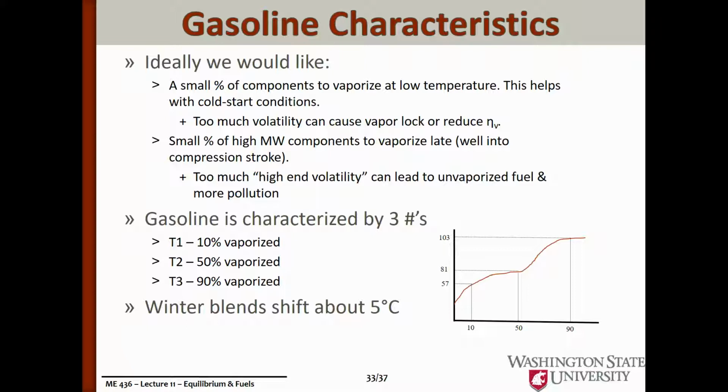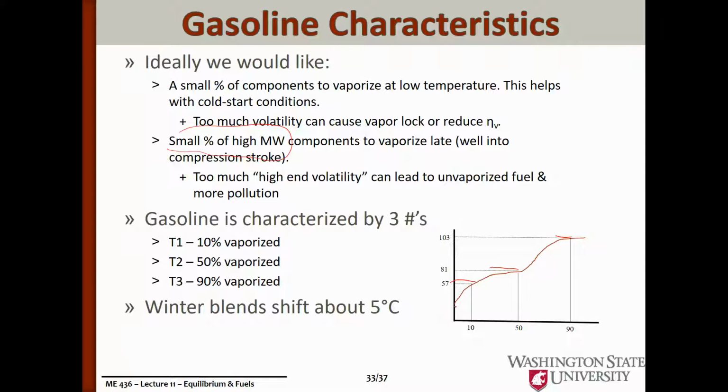So I mentioned the evaporation of the fuel as a function of temperature. We need some mixture of the high volatile aromatics to the low volatile heavy hydrocarbons. The small weight stuff is going to be the most volatile, and we need some amount of those. Traditionally, we define this vaporization curve with 3 temperatures.